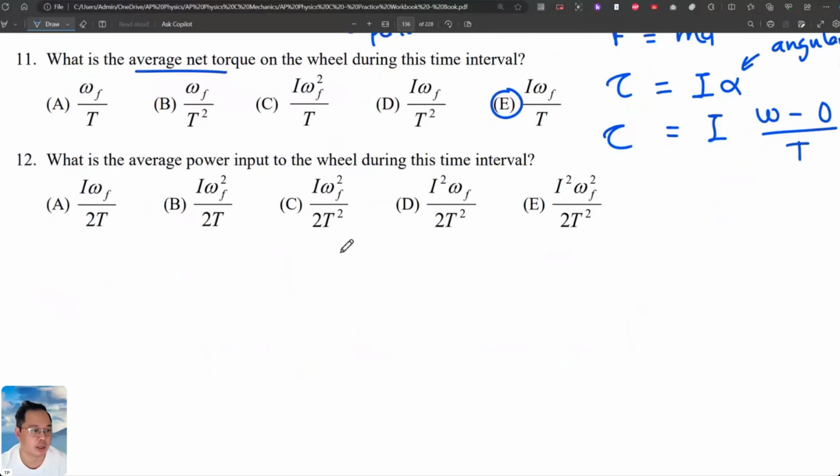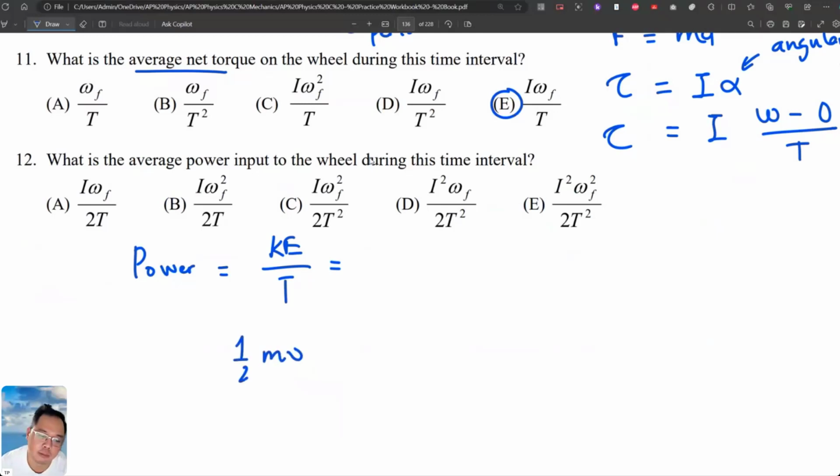Question 12. What is the average power input to the wheel during this time interval? Power. What's the formula for power in rotational motion? Again, it's still energy over time. That energy is kinetic energy, the rotational kinetic energy, not the normal 1/2 mv squared but 1/2 I omega squared.